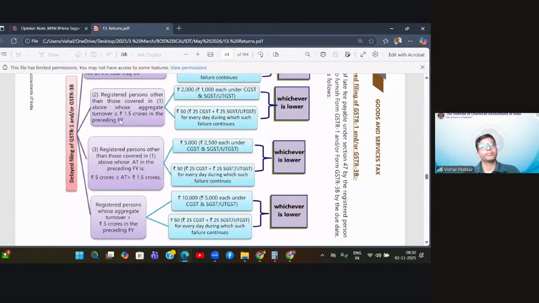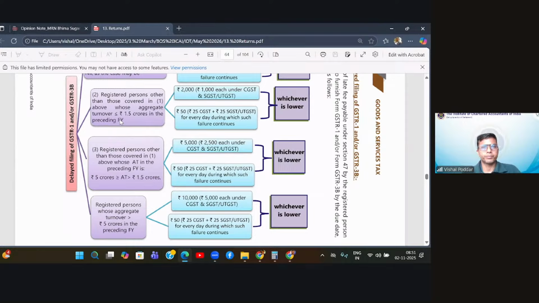Second, registered persons other than those covered in one above whose aggregate turnover is less than or equal to 1.5 crore in the preceding financial year: 2000 or rupees 50 per day, whichever is lower.